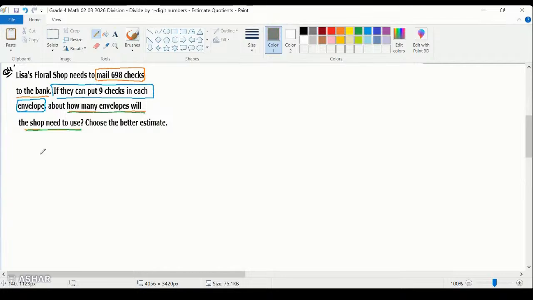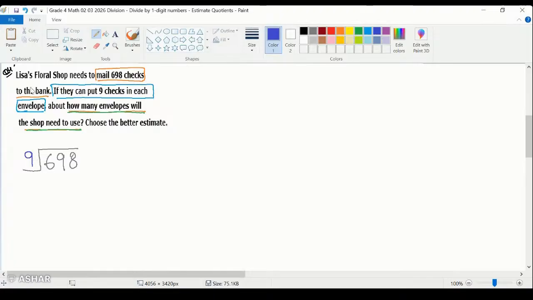So we can divide 698 by 9. Agreed? Yusuf? 6 cannot be divided by 9, right?